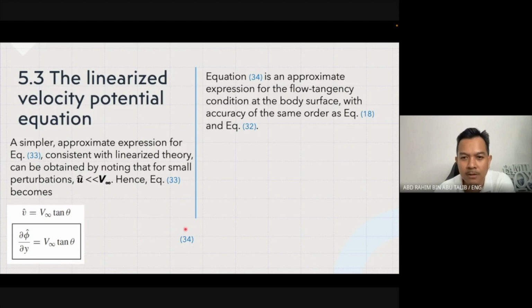This is equation 34, an approximate expression for the flow tangency condition at the body surface with accuracy of the same order as equation 18 that we found before the break, as well as equation 32.